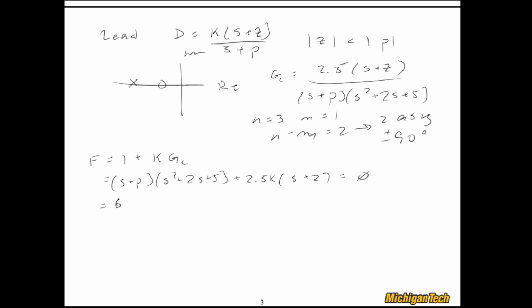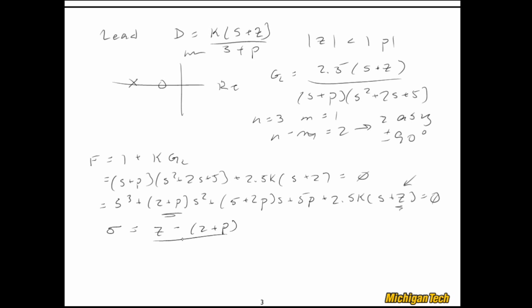And now we'll multiply that out, so we get s cubed plus (2 plus p)s squared plus (5 plus 2p)s plus 2.5k(s plus z) equals 0. So a fair amount of algebra just to find this and this. So sigma is equal to z, that's this thing, minus the quantity 2 plus p over 2. Great, that's n minus m.